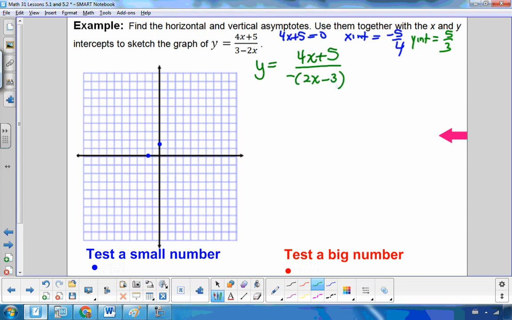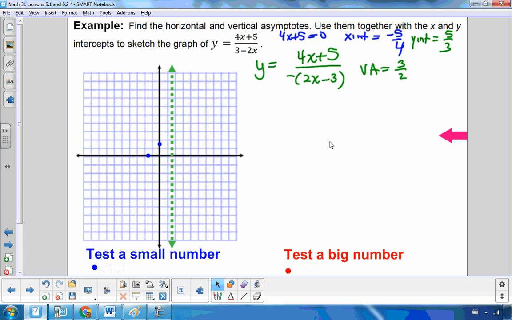I always want a positive leading coefficient. Then I set the denominator equal to 0, and I'll have a vertical asymptote at 3 over 2, or 1.5.